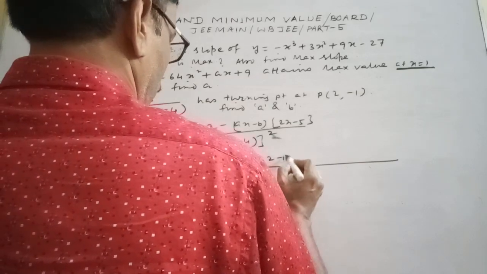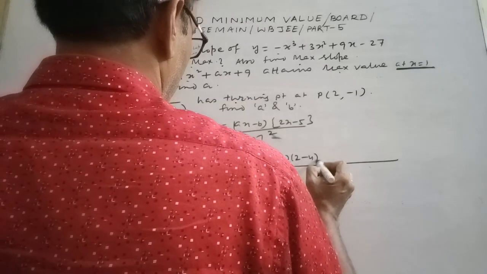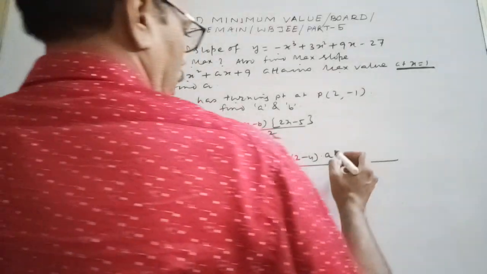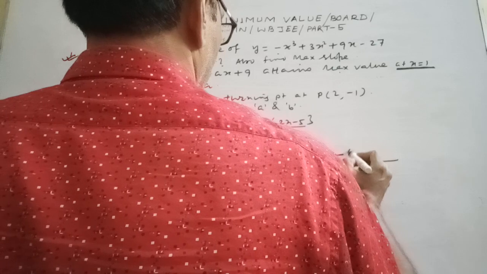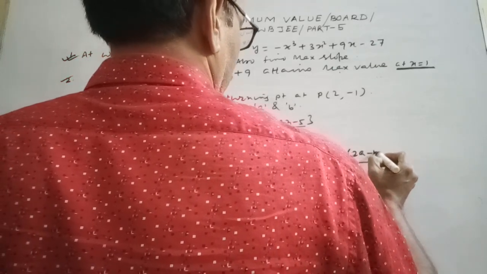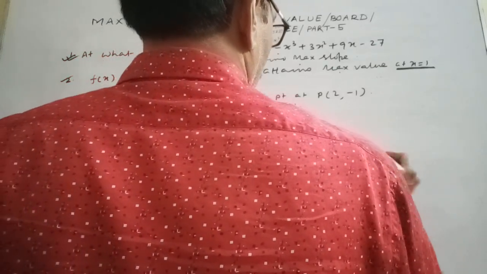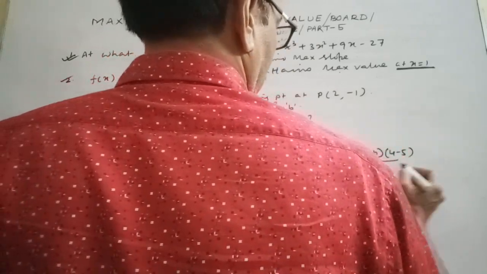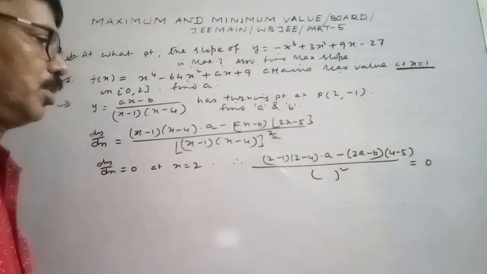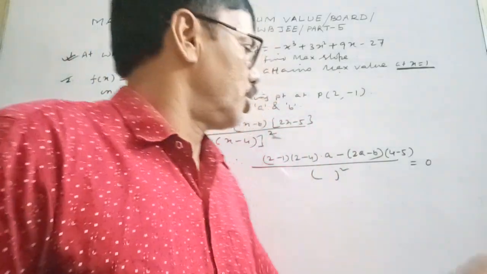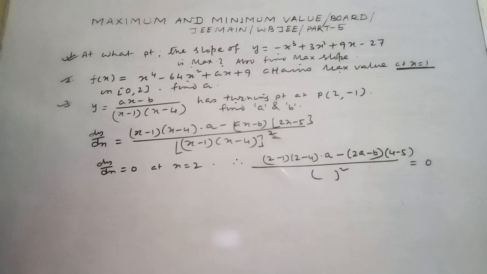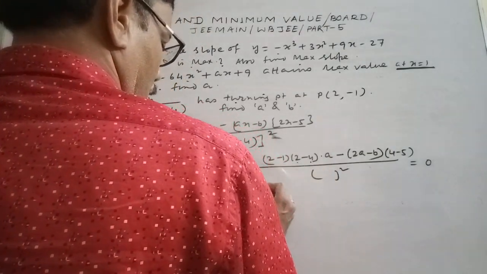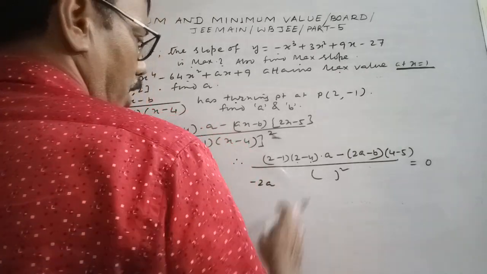So 2 minus 1, 2 minus 4 into 2a minus b, so 2 into 2, 4 minus 5, and this whole equals 0. So the right hand side is 0. So this is minus 2 into 1, so minus 2a.